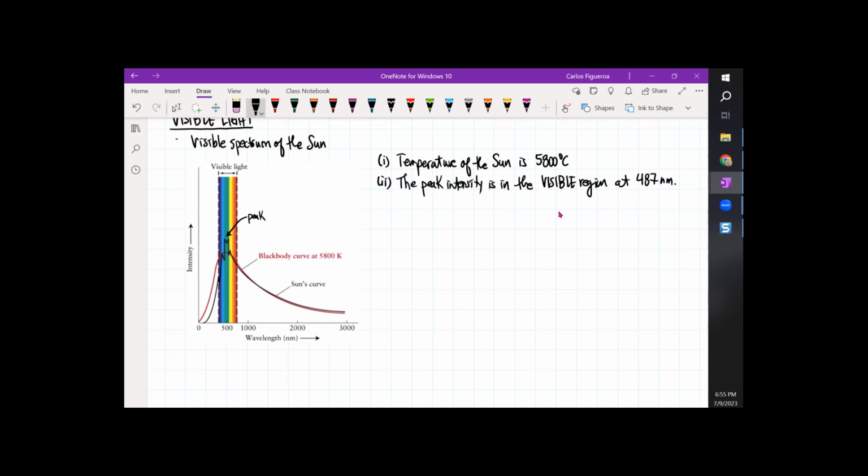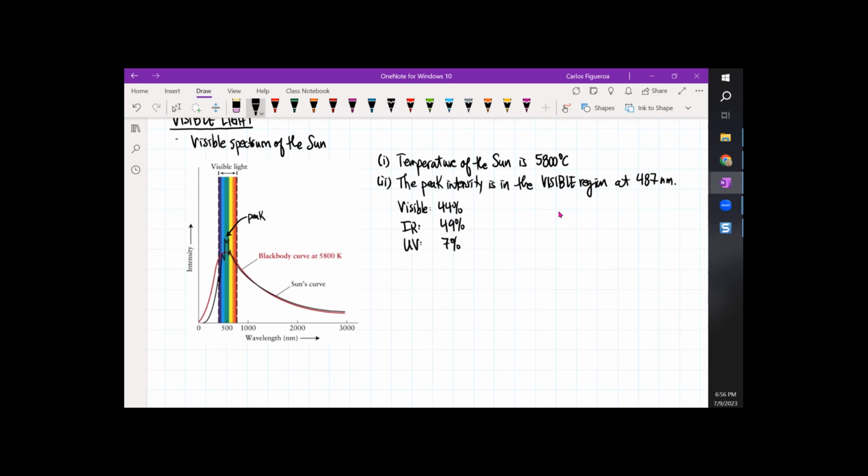So what does this mean? If I look at the light from the sun, 44% is visible light. If you look at the next one, the sun produces more infrared than visible, and this is at 49%. And it turns out that if you look at UV, only 7% is produced in UV.